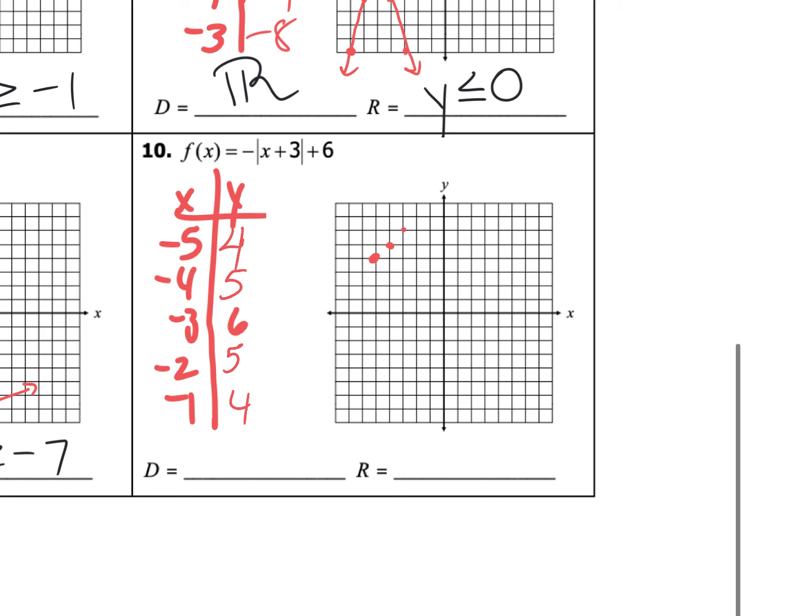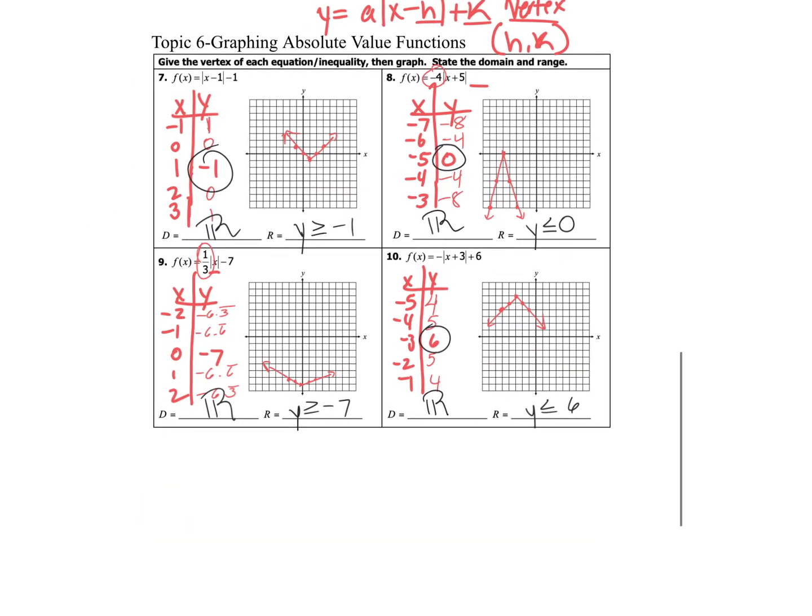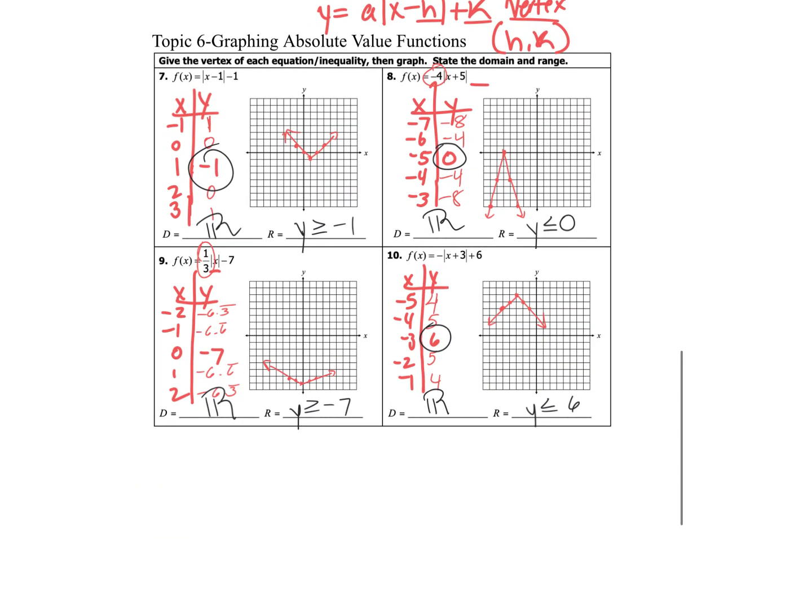And negative 3, positive 6. Just like that. This looks good. Opens down because A is negative. Up 6, left 3. Domain, all real numbers. Opens down, y is less than or equal to the y value of the vertex, 6. All right, done.